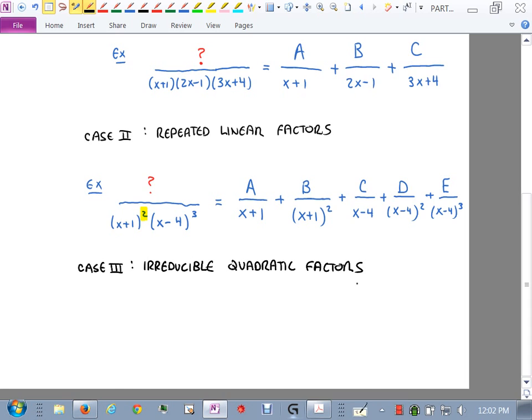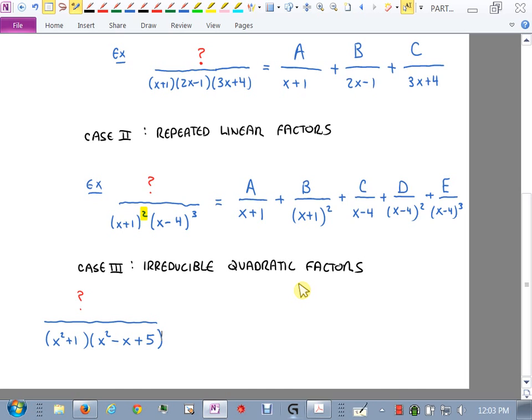If that happens, then here's what we'll have to do. So again, I don't really care what's on top. Let's say on the bottom I have x squared plus 1, and then x squared minus x plus 5. Those are both irreducible quadratic factors, right? You cannot factor the sum of squares.